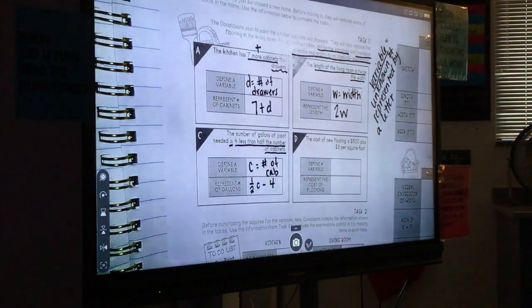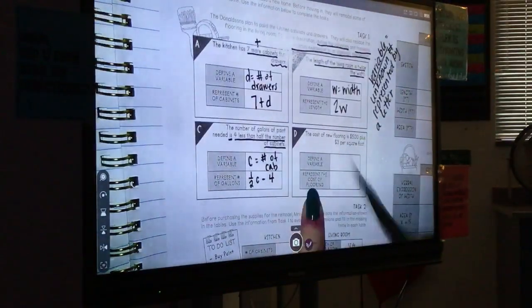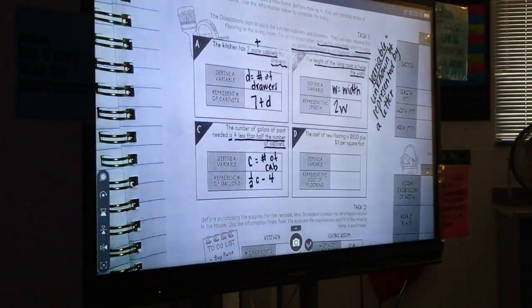All right. D says the cost of new flooring is $500 plus $3 per square foot. So, do we know the cost of flooring or do we know the number of square feet? Isaac? We know the cost of flooring.